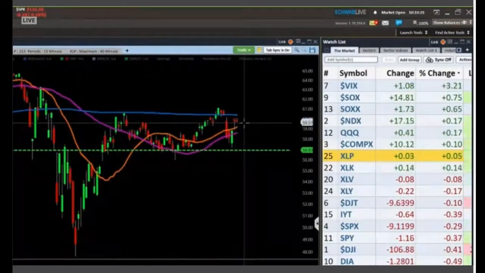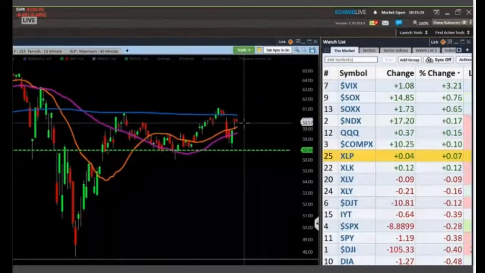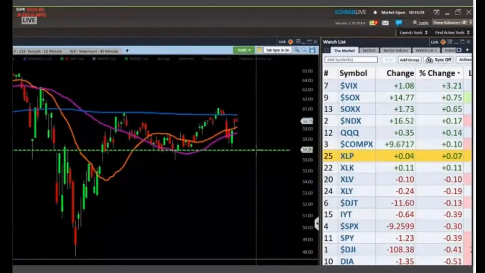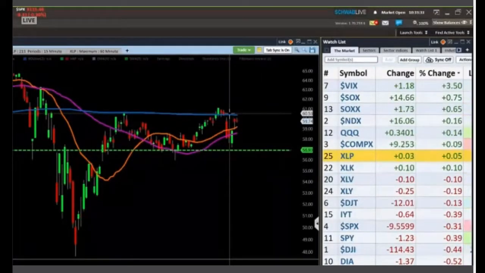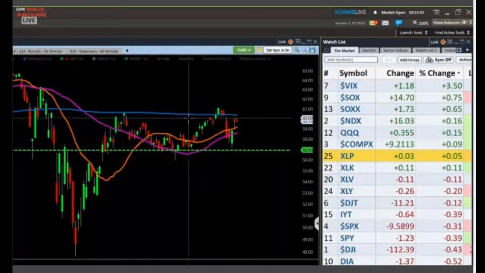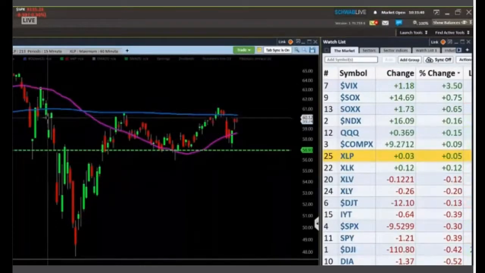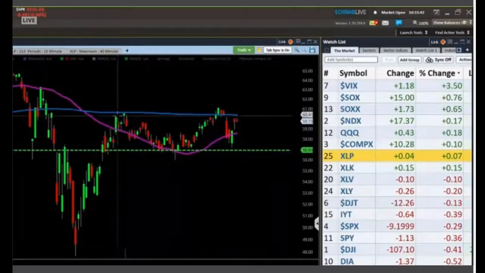So the moving averages are a little less reliable in sideways action, where you might want to look more specifically at horizontal support, horizontal resistance, which tends to be a little bit more consistent. But what I find interesting on the XLP chart, Lee, is that while the 20 doesn't seem to show much interest, the 50-day has been.